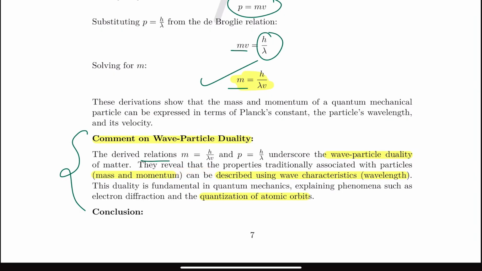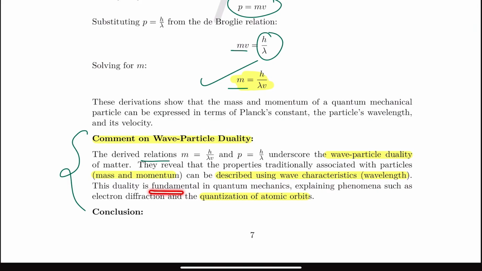They reveal that properties traditionally associated with particles, that is mass and momentum, can be described using wave characteristics. A wave characteristic is simply that if something has a description related to wavelength, then we could say that is the wave characteristic of that particular form of matter, radiation, whatever we are going to use.